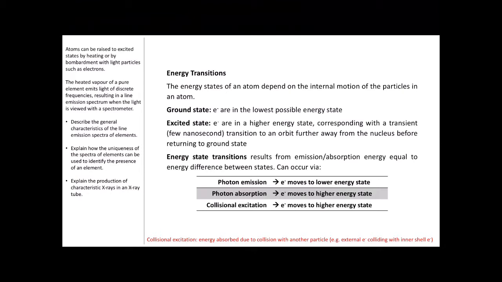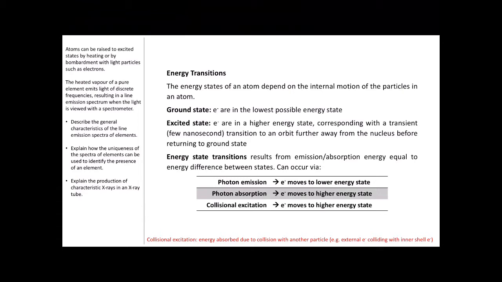This can occur via photon emission. If an electron emits a photon, so it's getting rid of energy, that must mean that it's moving to a lower energy state because it has less energy than it had before. If a photon is absorbed, this means that an electron is moving to a higher energy state.